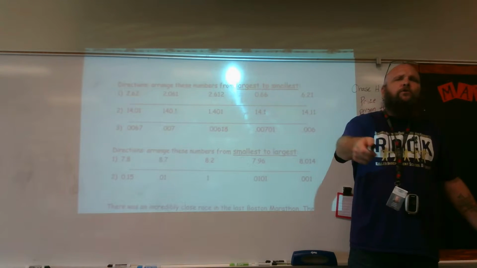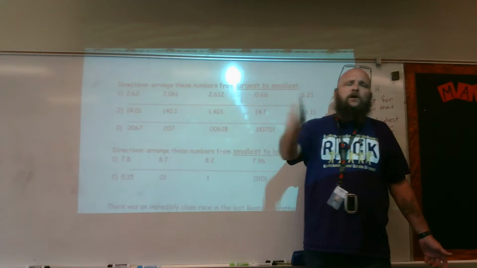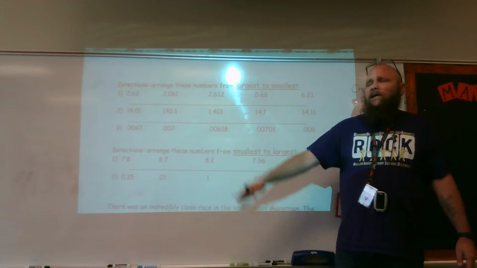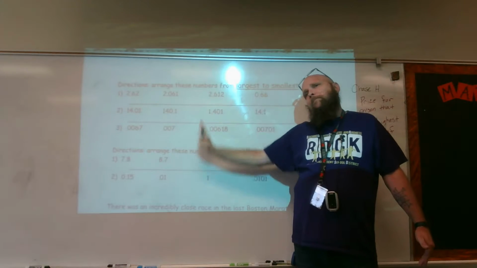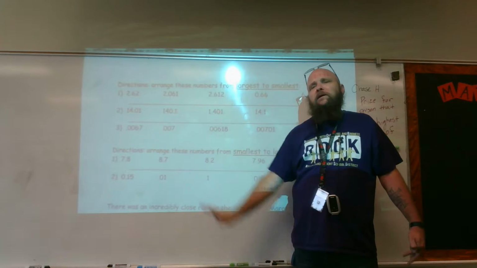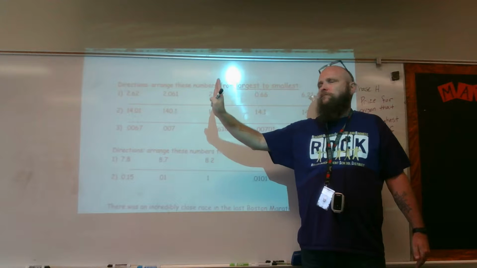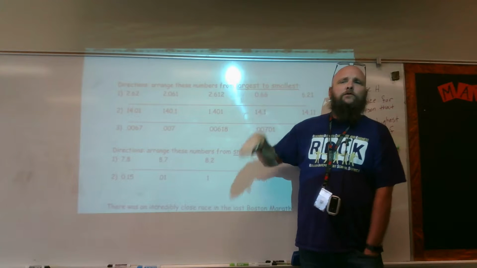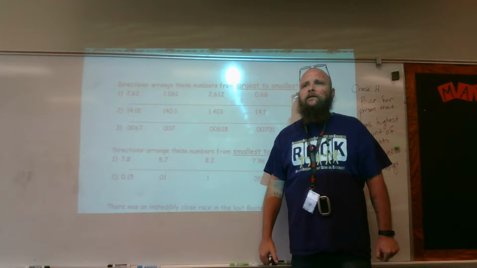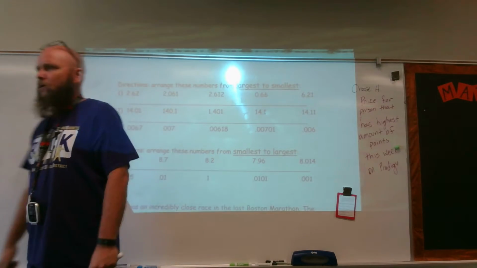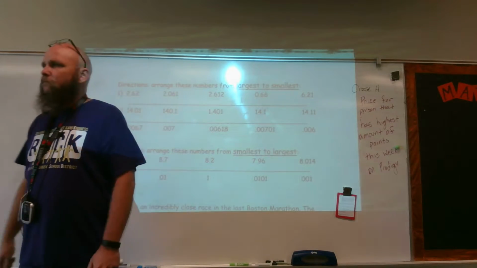Now, for those of you who looked at the notes you put in your journal, it tells you to line them up vertically. Vertically is up and down. Add any zeros to make them the correct length, so they're all the same length. You with me? If you get it, then you keep working.